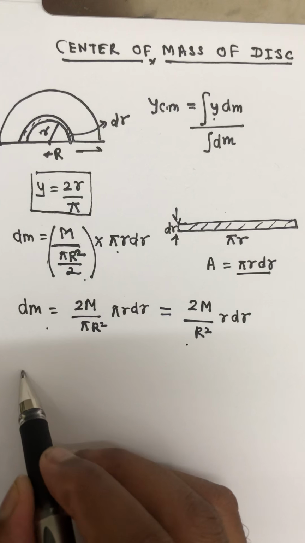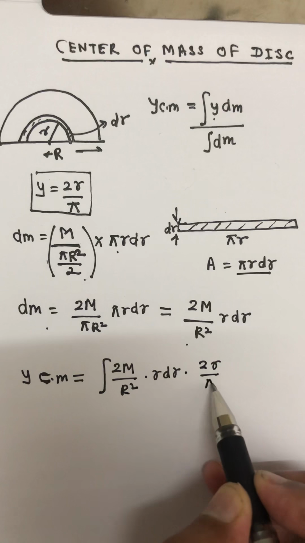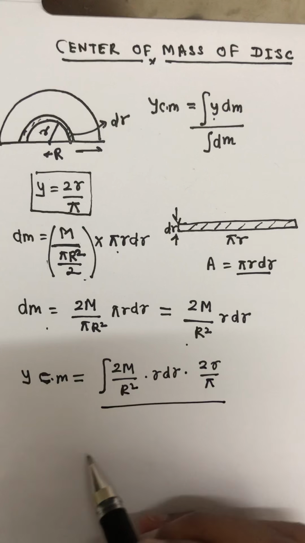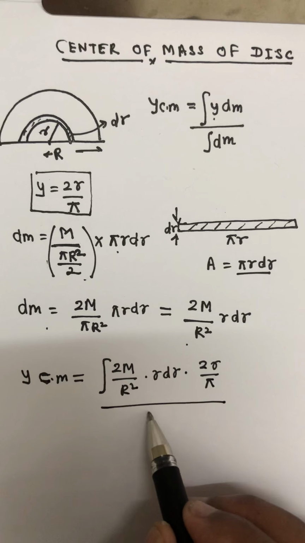YCM is equal to 2m by R square into r dr, into 2r by pi, divided by 2m by R square into r dr. Thus in this formula, in place of y, I am writing this value, and in place of dm, I am writing this value.